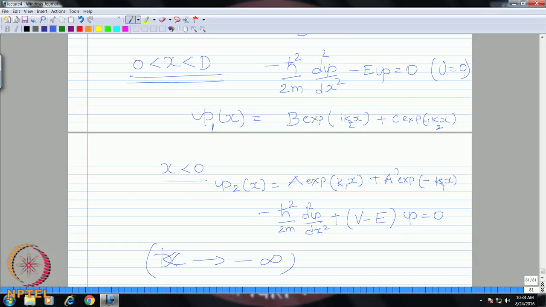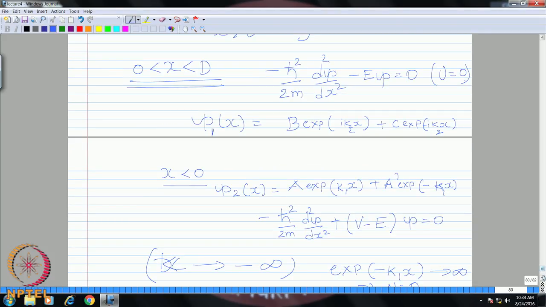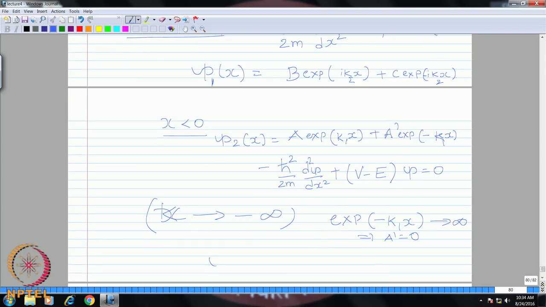That is why we have rewritten the equation such that we will have the real roots, and then we will apply this condition that going to minus infinity, exponential minus k1 x goes to infinity, which gives a prime equal to 0 in order to make the solution finite. So, therefore, what we get here is psi 2 of x is equal to a exponential k1 x.